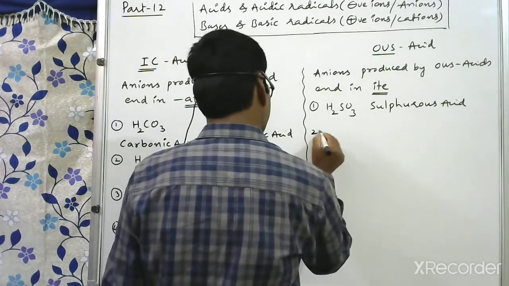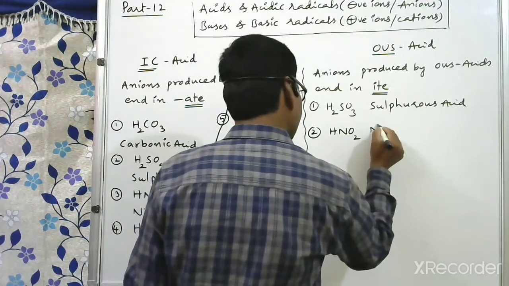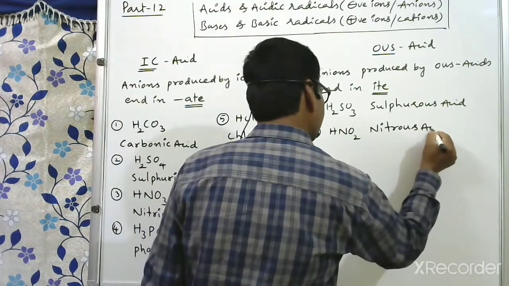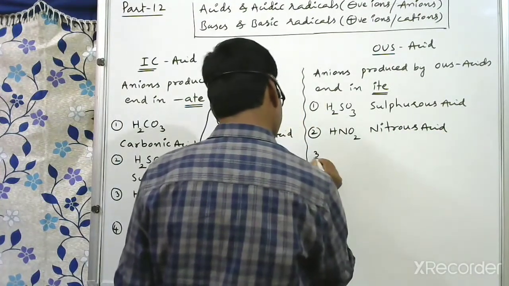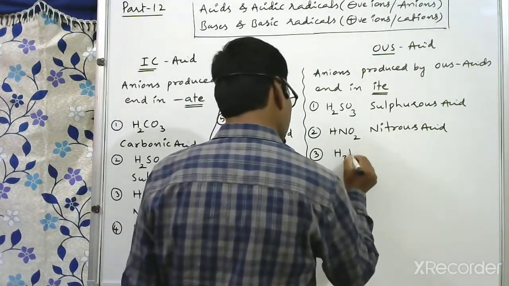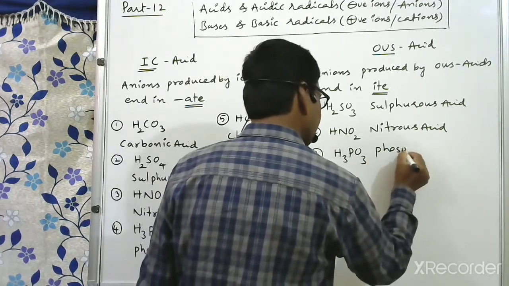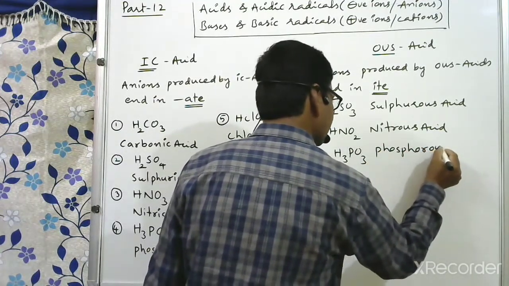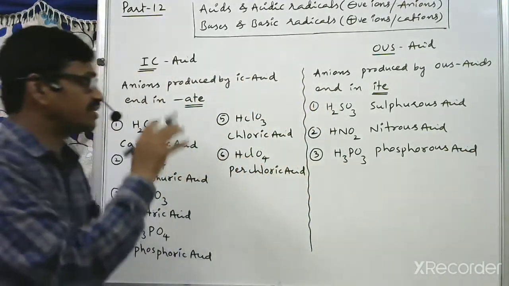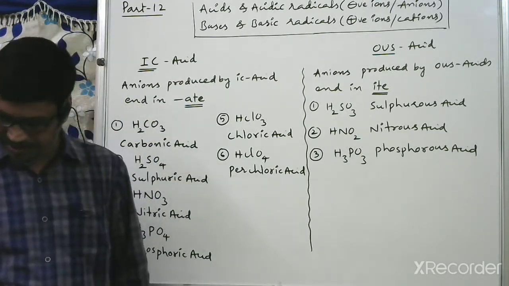Then HNO2, this is nitrous acid. Then H3PO3, this is phosphorous acid. Just pronounce it: it will take the name ous acid, and here it is ic acid.